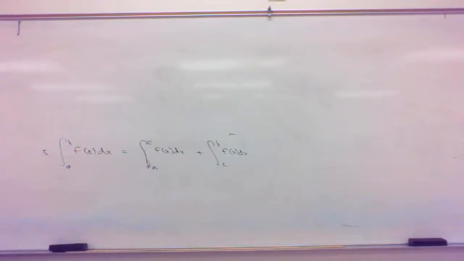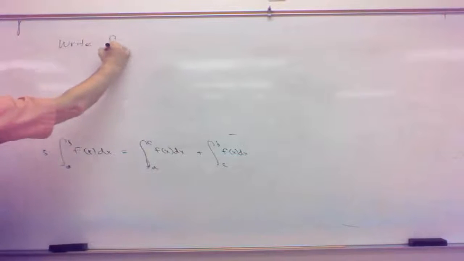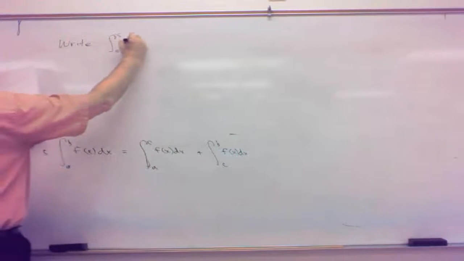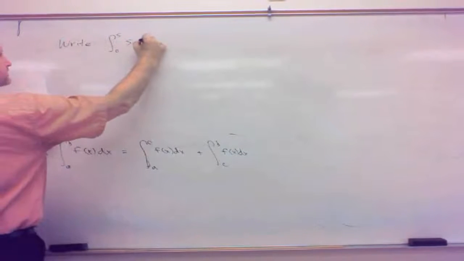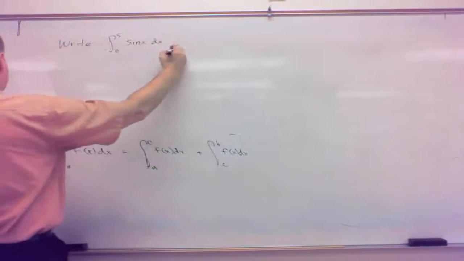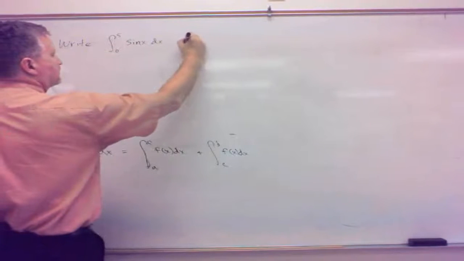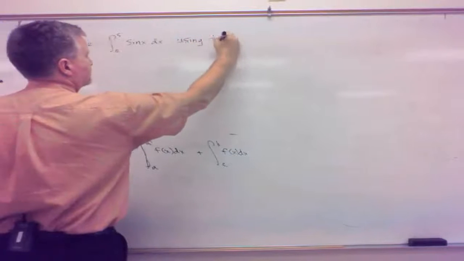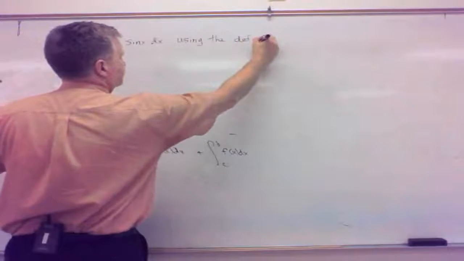All right. But here's the last thing let me mention on 5.2, then we'll go to 5.3. That is this. If, say, I want to write the integral 0 to 5 of sine of x dx using the definition of the integral.